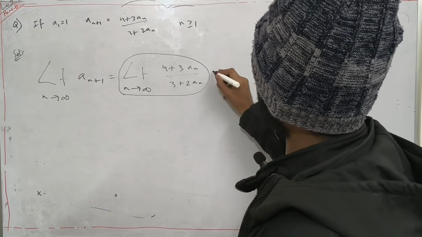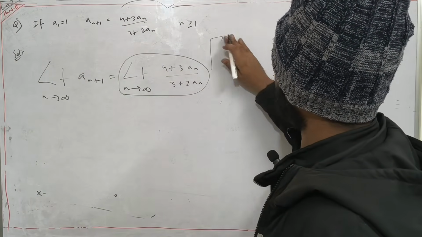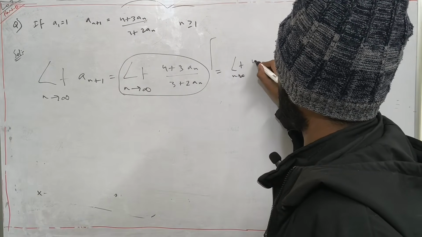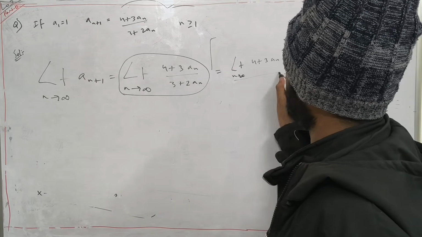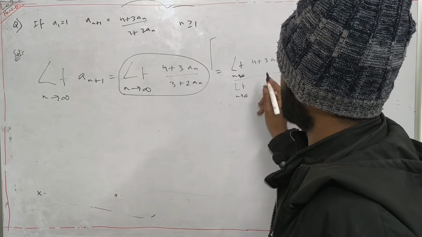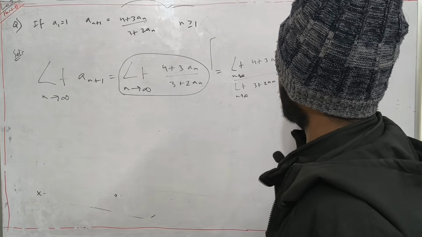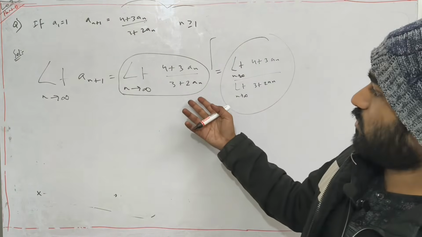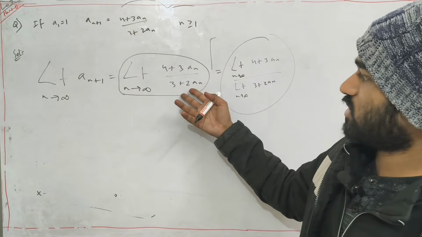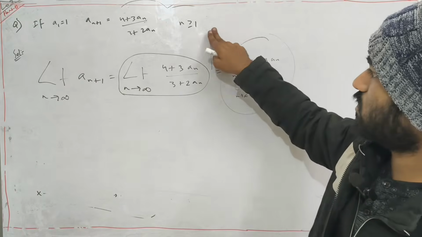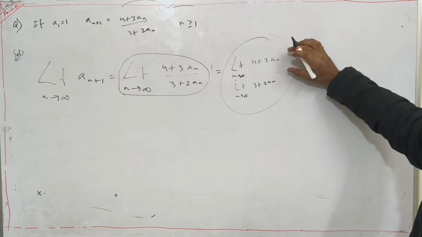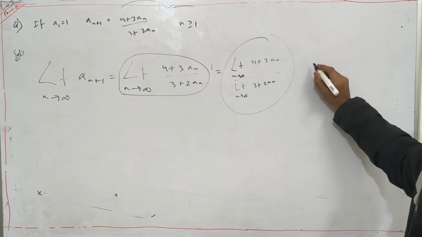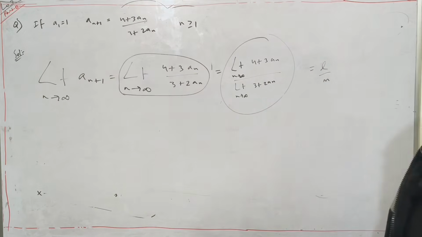Now can we write this as limit n tends to infinity (4 + 3a) by limit n tends to infinity (3 + 2a)? Can we write it like this? What is the condition for writing like this? If you want to use this quotient rule, the limit of the numerator should exist and the limit of the denominator should exist individually, giving some finite values.